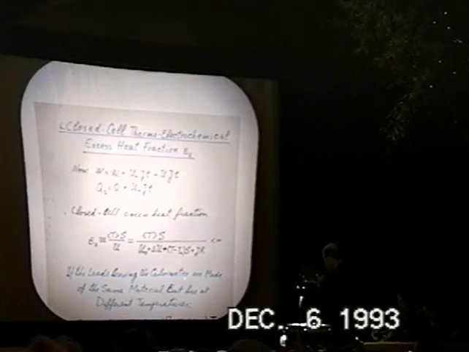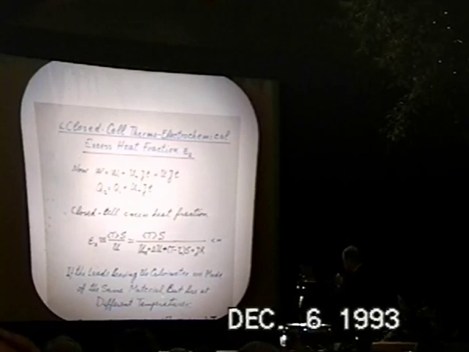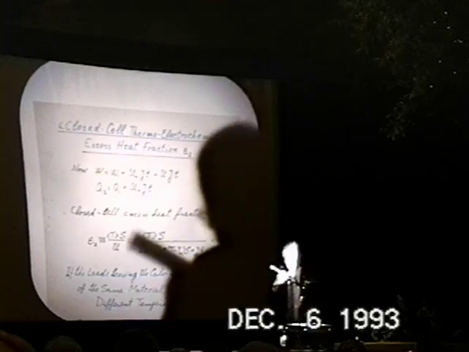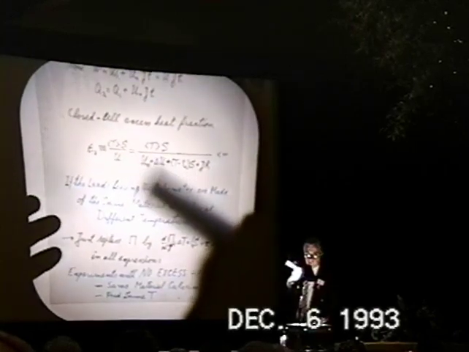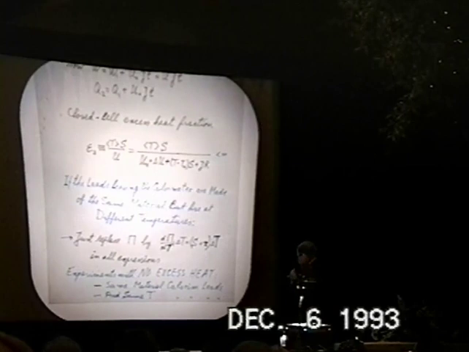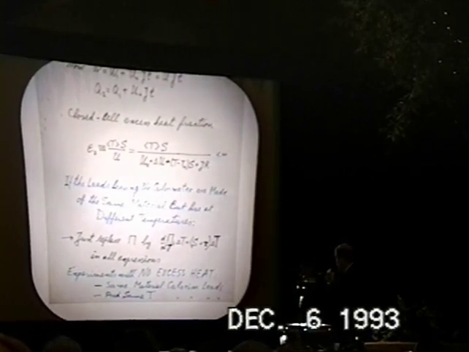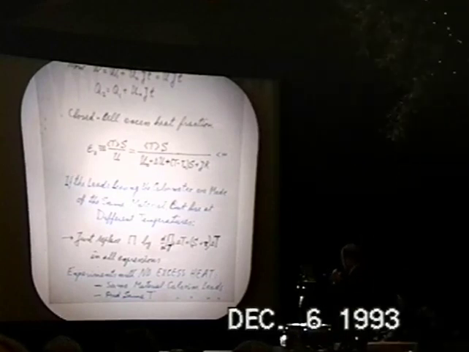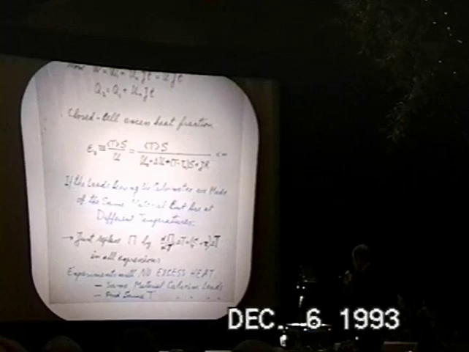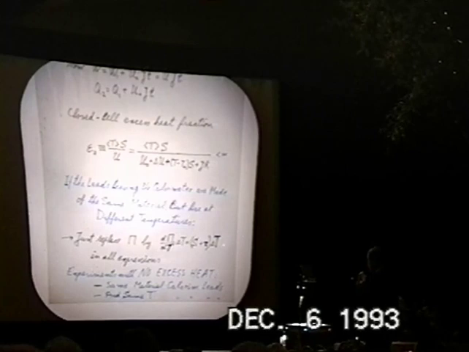If the leads leaving the calorimeter are made of the same material but are not at the same temperature, we still get an effect. All formulae remain correct, just replacing the Peltier coefficient pi, which is the difference between the Peltier coefficients of the anode and the cathode, by the sum of Seebeck and Thomson coefficients times the temperature difference.